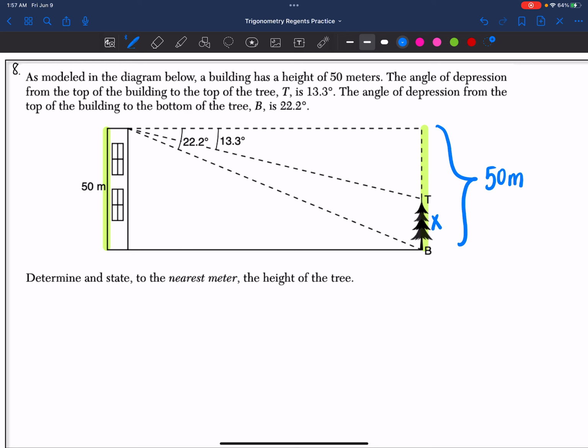And if I'm looking for x, perhaps if I can find this segment here, let's call this y, I can take y and subtract y from 50 to find what x is. But let's take a look to see how we can find y. Y is a part of this triangle here.